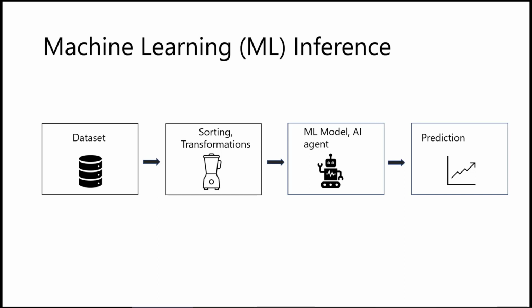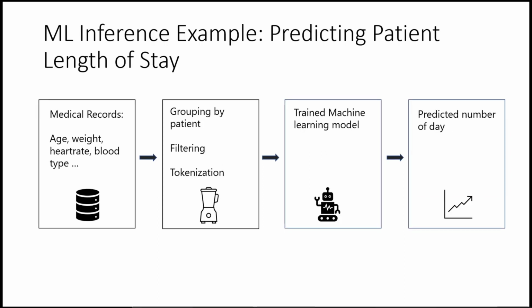In the inference pipeline, we're not looking at training the model. Throughout this talk, I assume your models are already trained. So you have this model that takes in data that has been transformed and featurized, and its job is to give you a prediction. These are the typical stages of the pipeline.